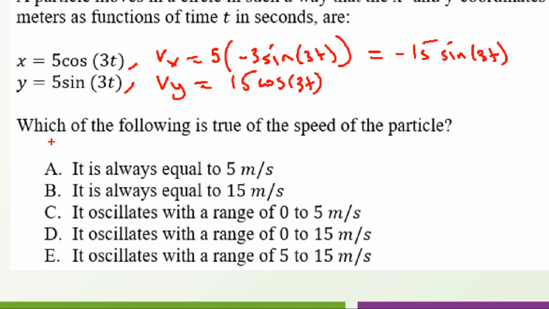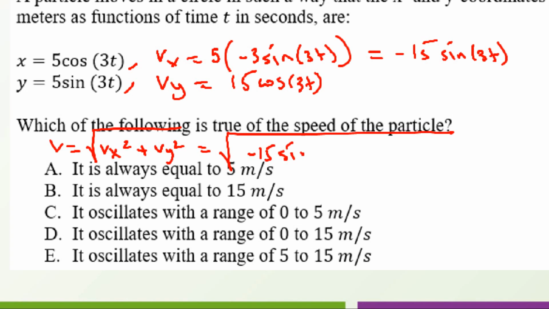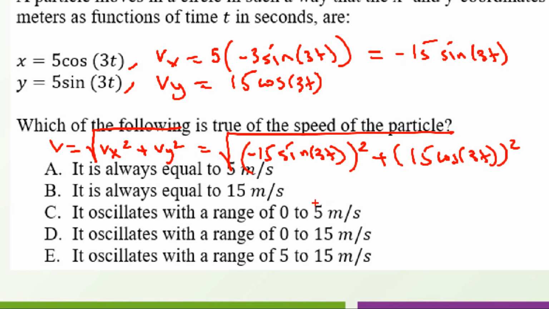Now V would be the radical of Vx squared plus Vy squared, which is the radical of negative 15 sine 3t to the power of 2 plus 15 cosine 3t to the power of 2.